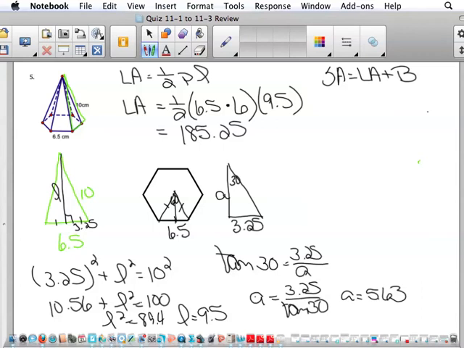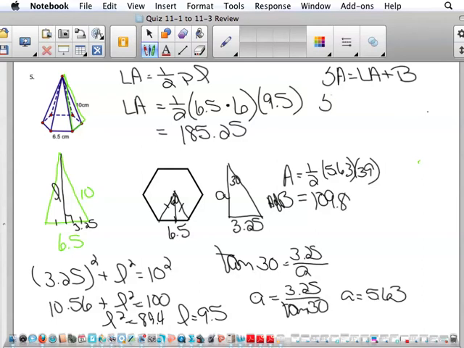Okay, so I want to find the area of the base. Area of the base is equal to 1/2 the apothem, 5.63, times the perimeter, which is 6.5 times 6, 39. So remember, this is the area of a base. 0.5 times 5.63 times 39 gives me 109.8.